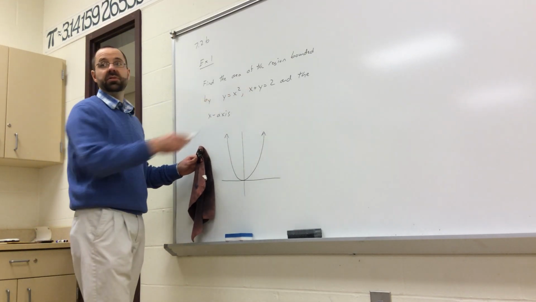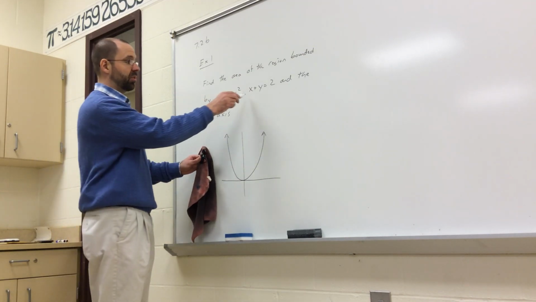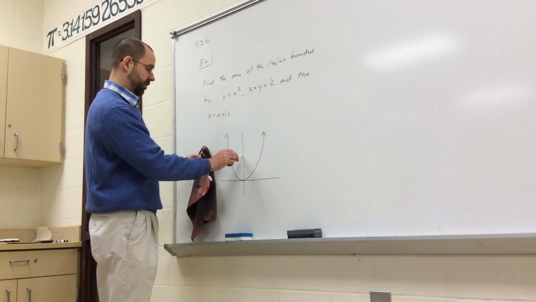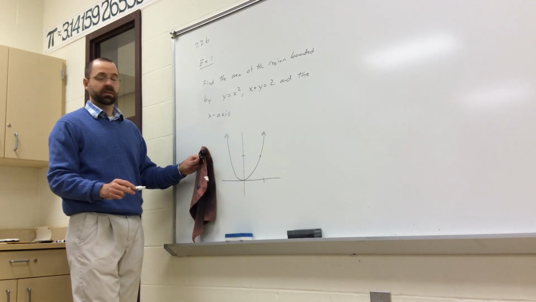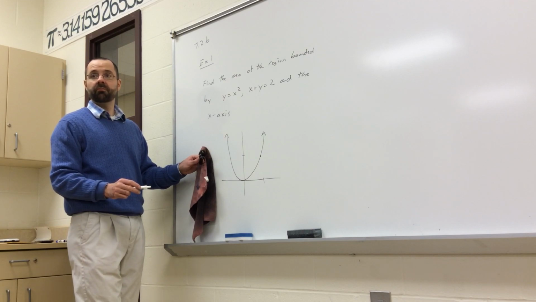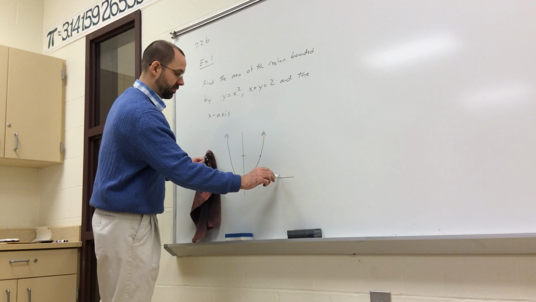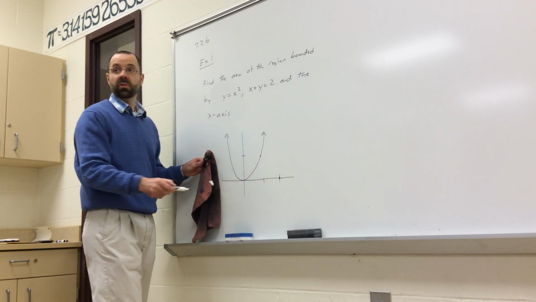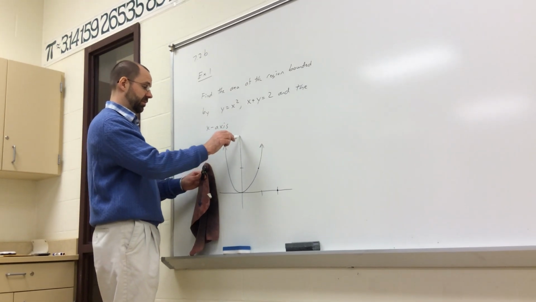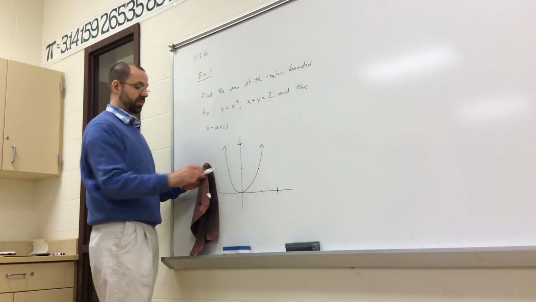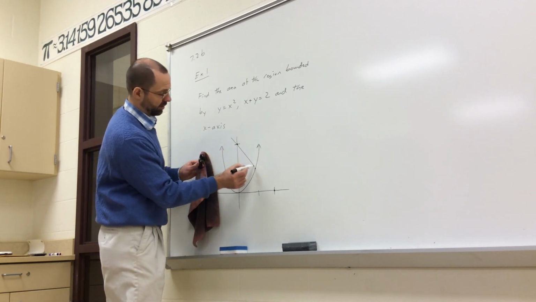For x plus y equals 2, I'm just going to plot points. 1 plus 1 is 2, so it goes through the point 1, 1. 2 plus 0 is 2, so it goes through the point 2, 0. 0 plus 2 is 2, so it goes through the point 0, 2. So you connect those, and you get your line.